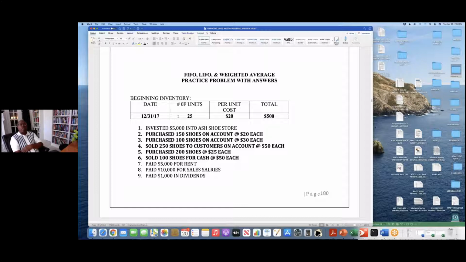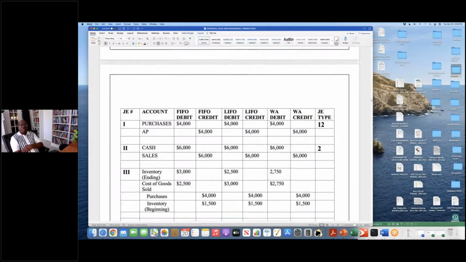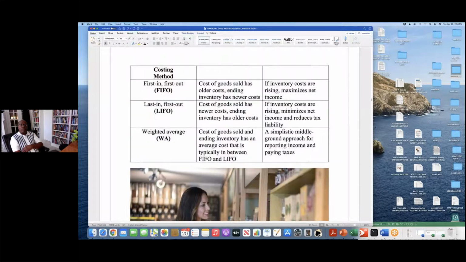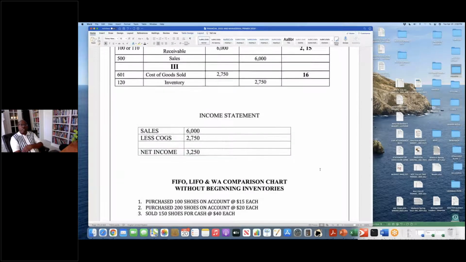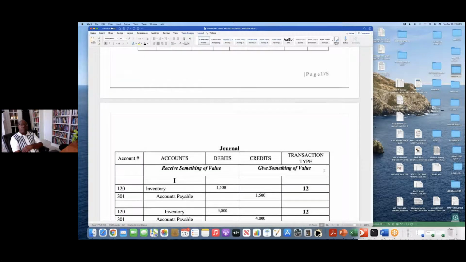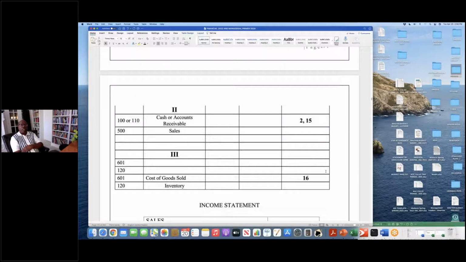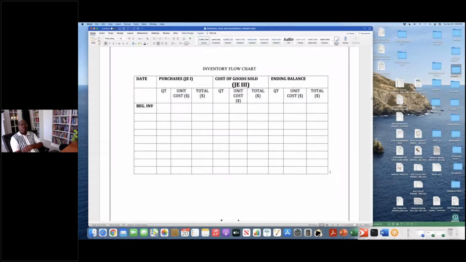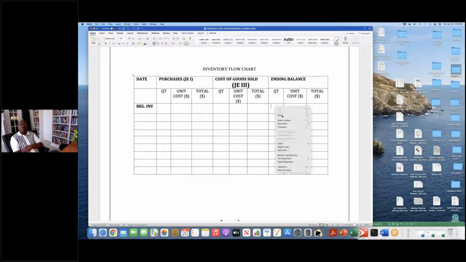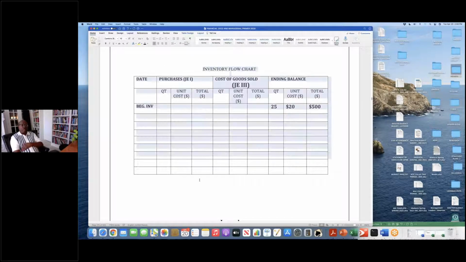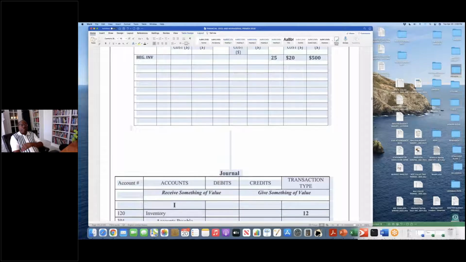So let's take this beginning inventory, copy it. Where's that problem at? I'm gonna move those if I get back up here. So you'd be putting that beginning inventory in. Let me just see if I can copy these.